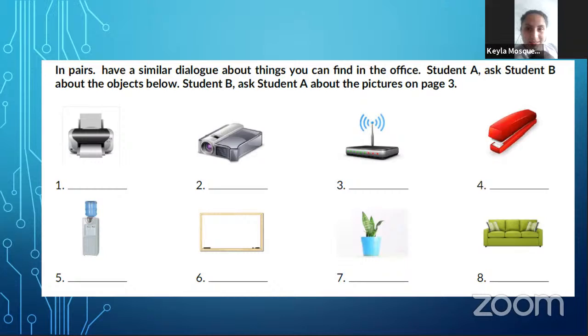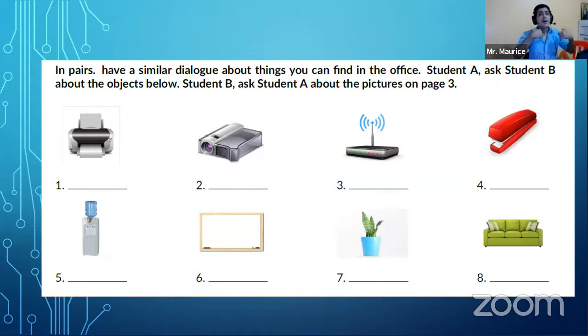Deletrear, ¿verdad? Yes, spell means deletrear. S-L-A-T-E. Oh, really? Well, what is that word? I don't understand. It's board. B-O-A-R-D. Board is the number 6. Okay, la número 6 comúnmente le decimos blackboard.